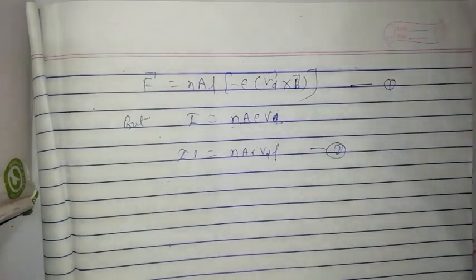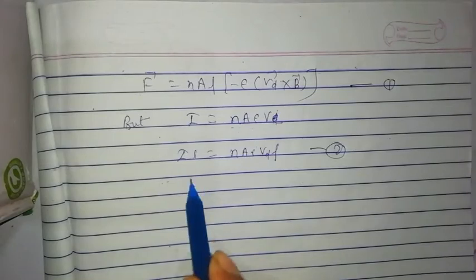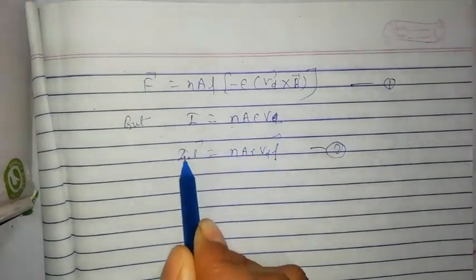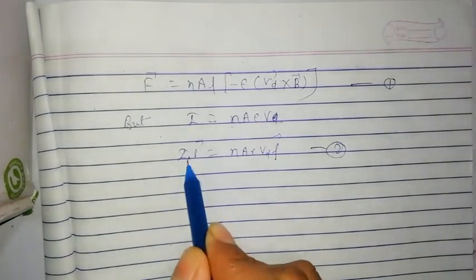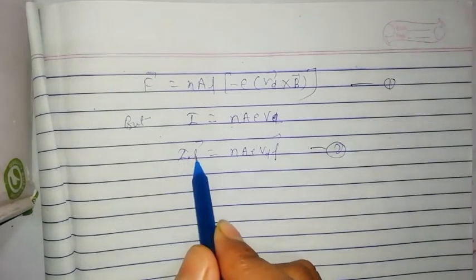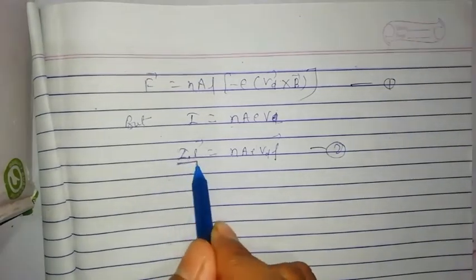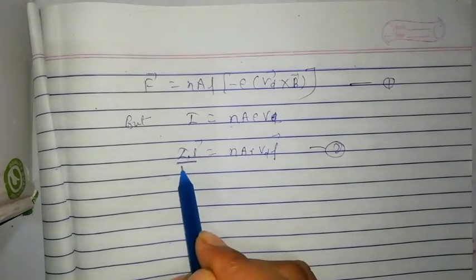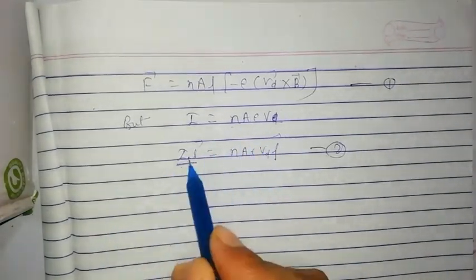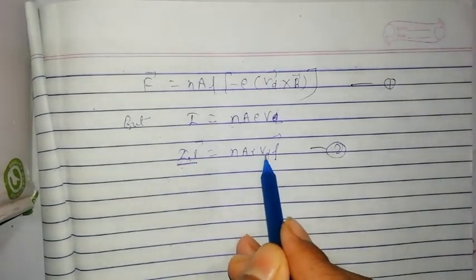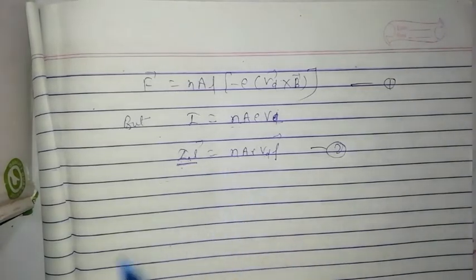Now I l is the current element. It is a current element directed along the direction of current, and I l vector and Vd are directed in opposite directions.